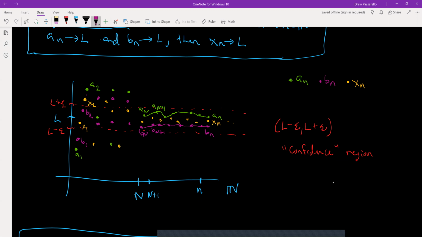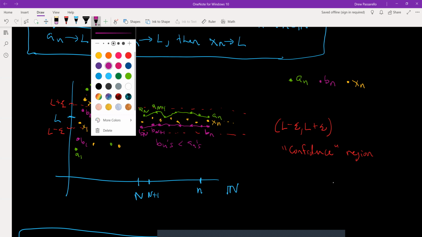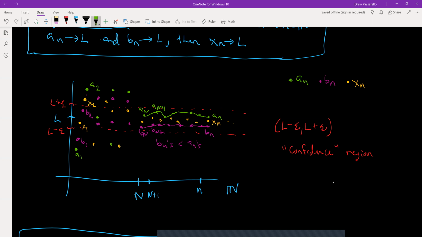And so all of the b_n are less than the a_n. And notice the gold dots, that's our sequence x, and that's sandwiched in between.